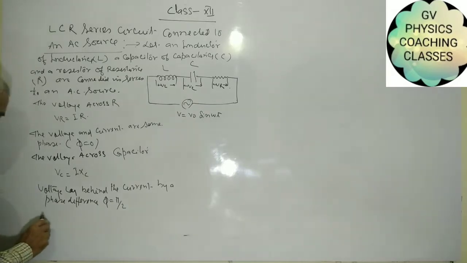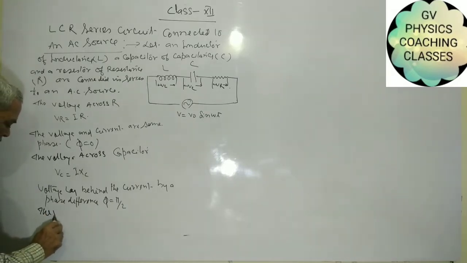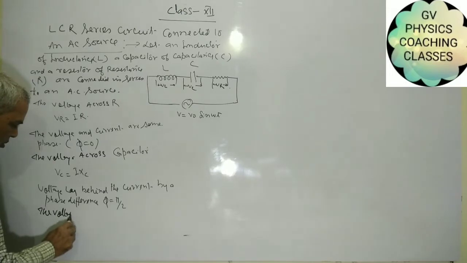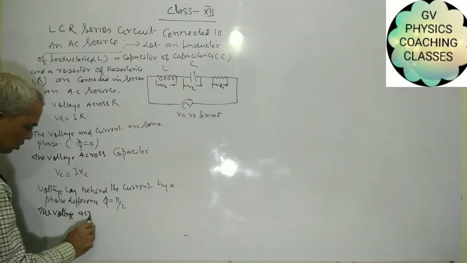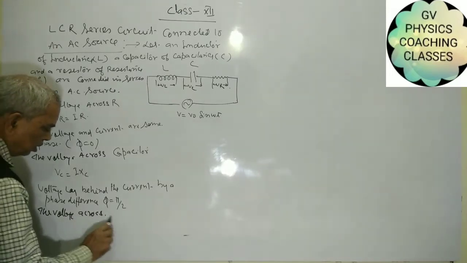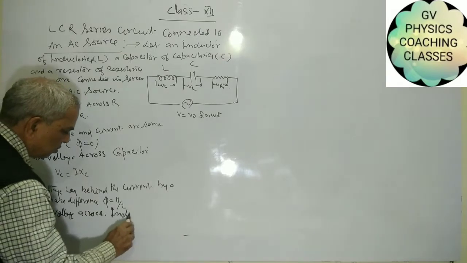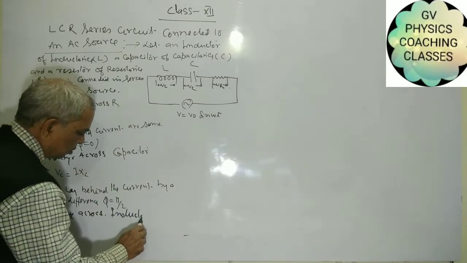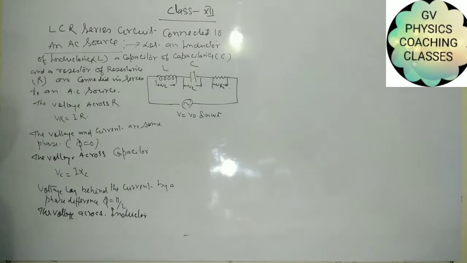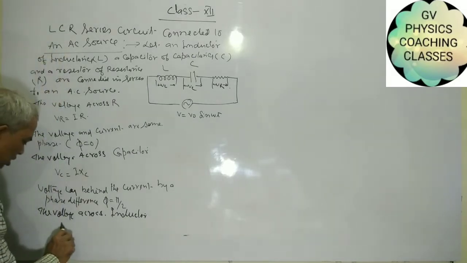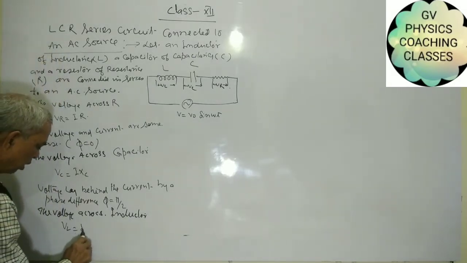And third, the voltage across the inductor, VL is equal to I XL.